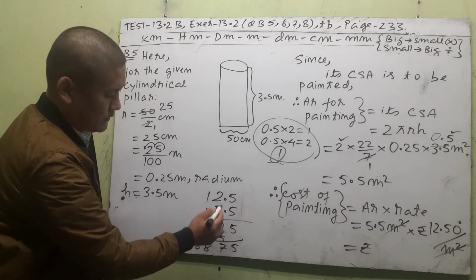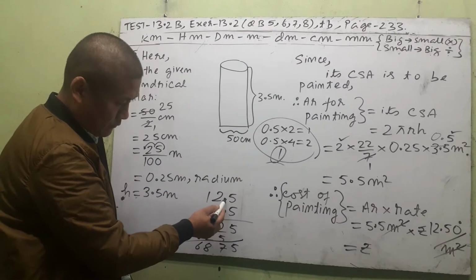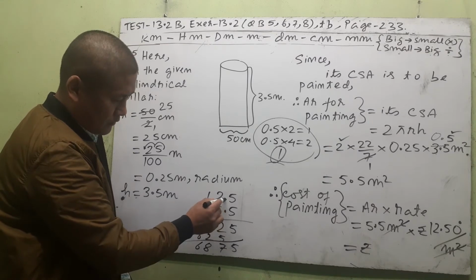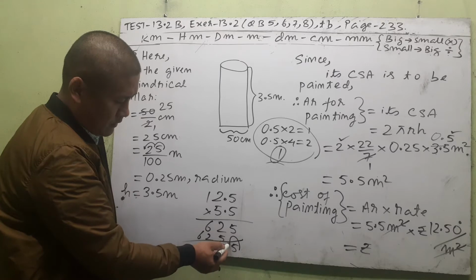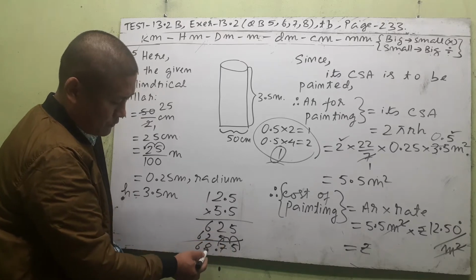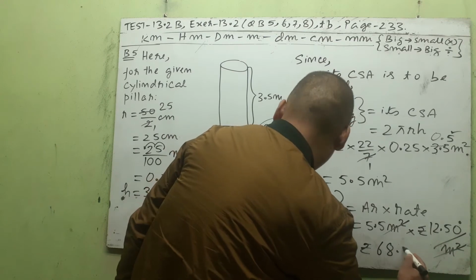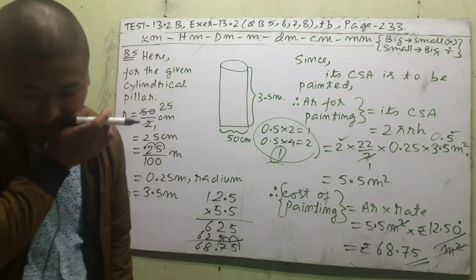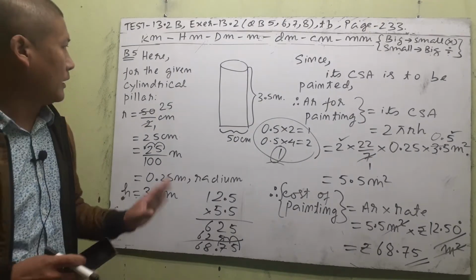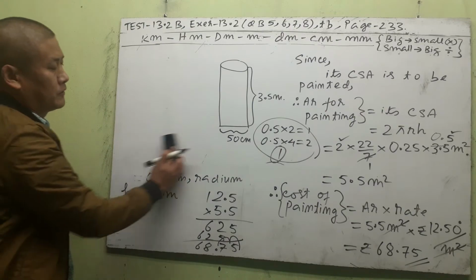Now as we said, decimal is on the right of the point, so 1 place, 2 places. So right from the extreme right, 1, 2 places to the left. So between 8 and 7, rupees 68.75 paisa is the cost. Okay, so that's B5. I'll go to B6 now.